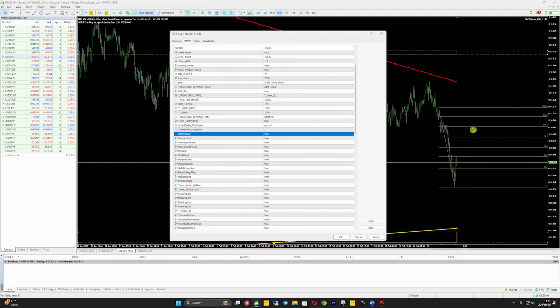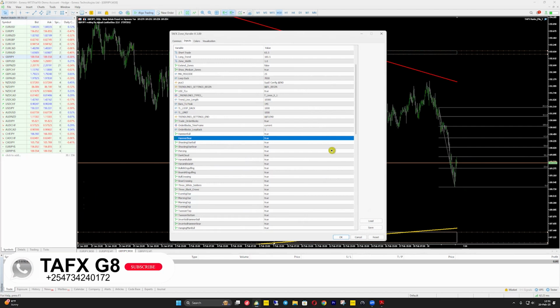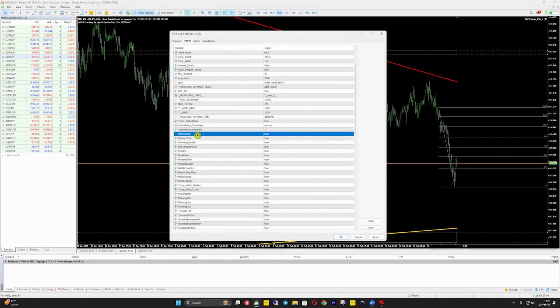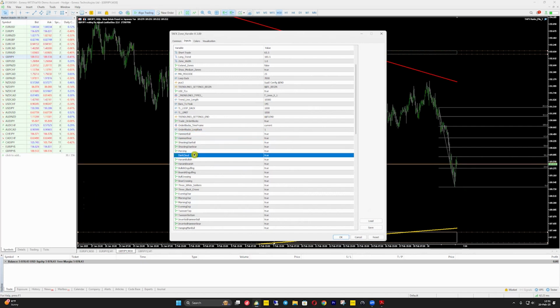All right. Now let us learn about the candlesticks that the EA confirms before buying or selling. For instance, we have the hammer. I do believe, whether you are a beginner in the Forex market or an experienced trader, you know that we have hammer, shooting star, piercing, dark cloud, harami.